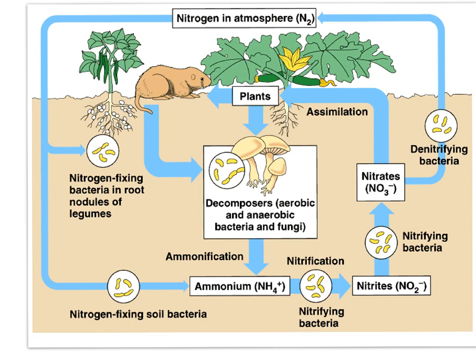Soil bacteria transform ammonium to nitrates, which are then taken up by plants. This is known as assimilation. And anaerobic bacteria transform nitrates back to nitrogen in the atmosphere. This is known as denitrification.